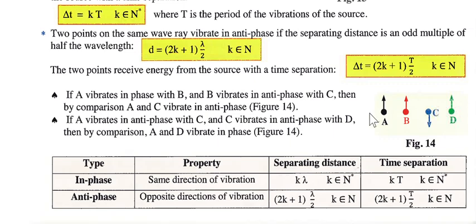Now A vibrates in antiphase with C, and C vibrates in antiphase with D. Therefore, what can we say about A and D? By comparison, we can say that they vibrate in phase.